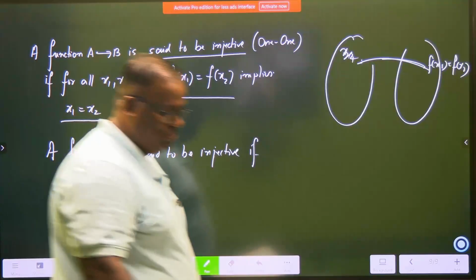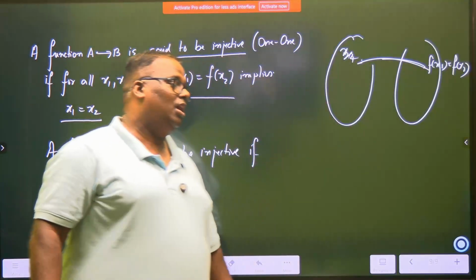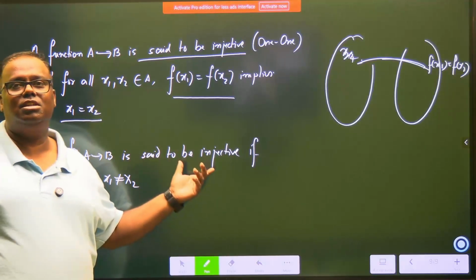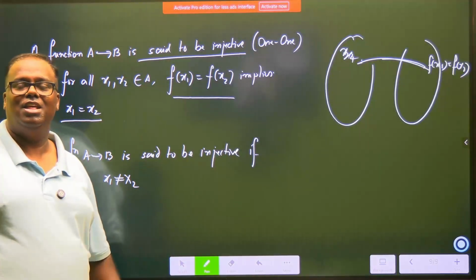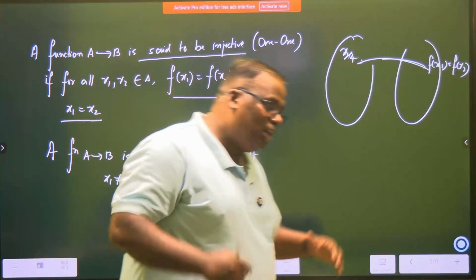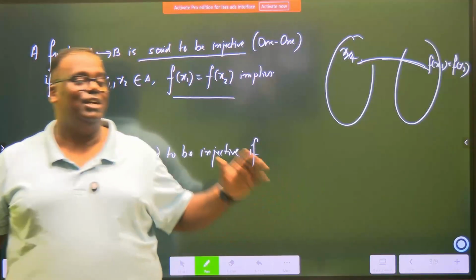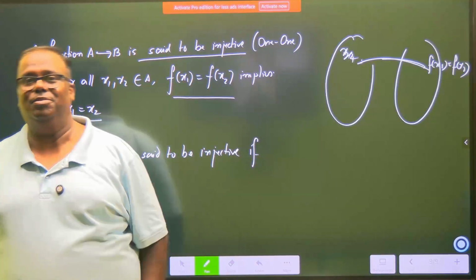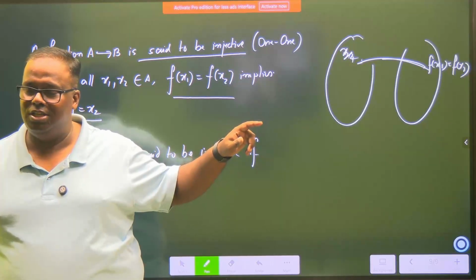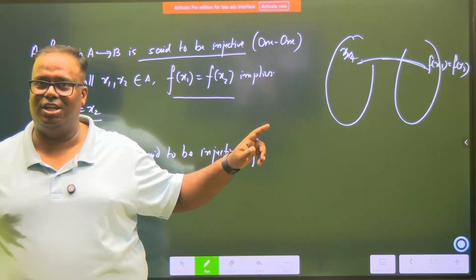Now see the beauty of this definition. We are ourselves saying that Neha is at Hyderabad, right? And we are finding that Neha is in Kerala. Then we have to say what you found at Hyderabad was not Neha. As simple as that.